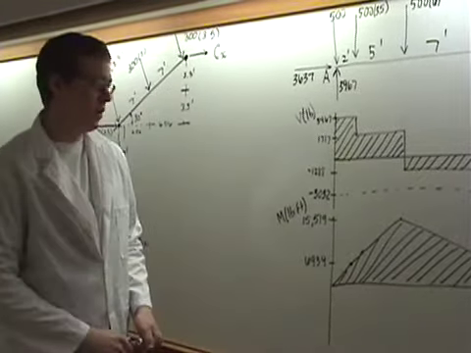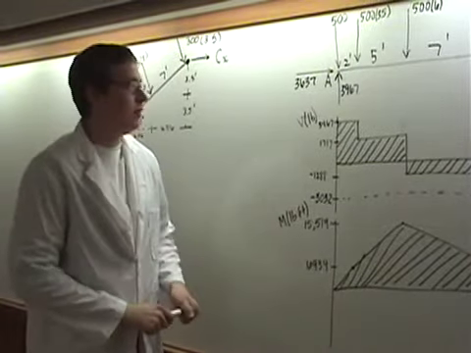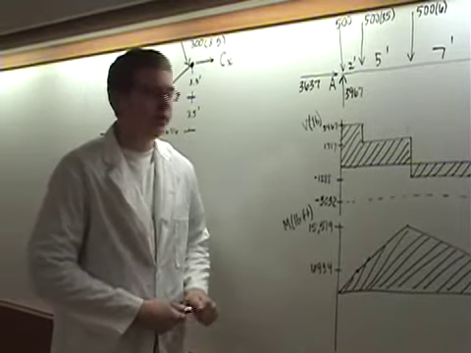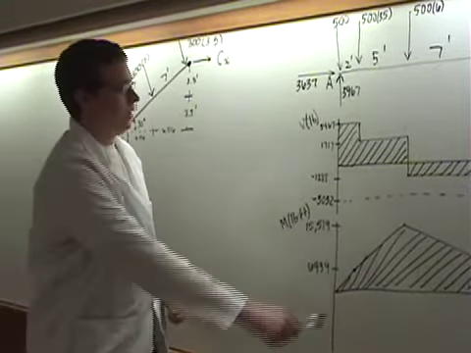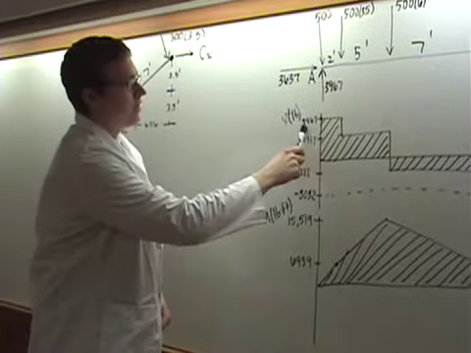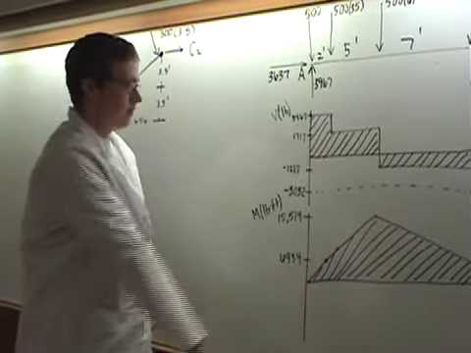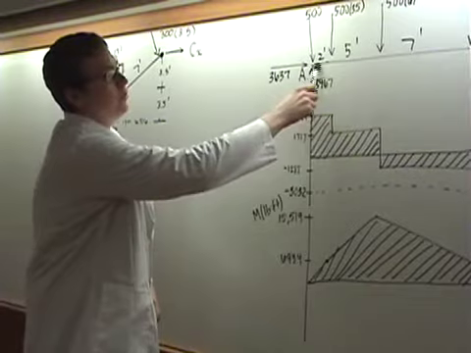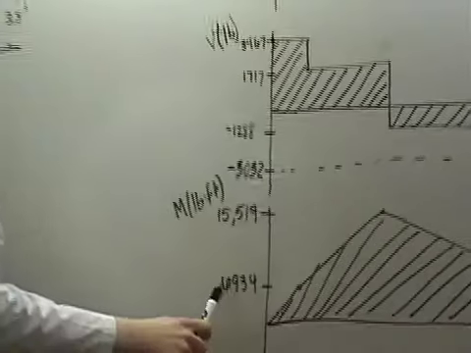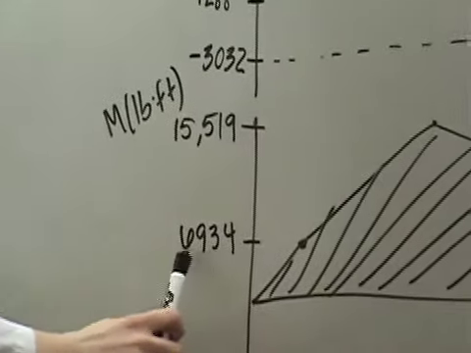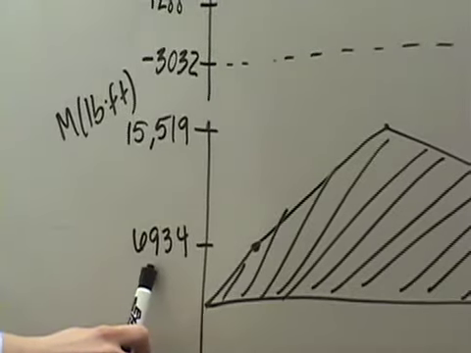By definition, the moment diagram is found by finding the area under the shear diagram. So, our initial shear is 3,467 pounds. Multiplying by 2 feet over, we find that the first value of moment is 6,934 pounds.